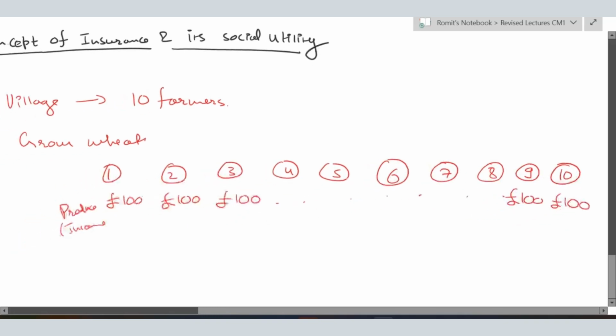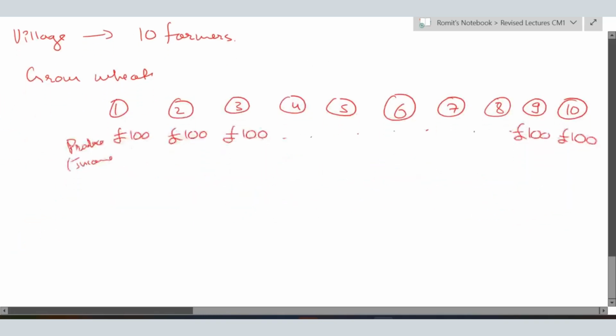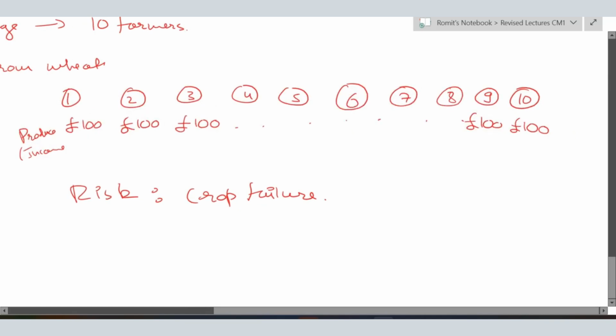Now there is a risk event that the farmers face. There's a possible risk that there will be a crop failure, and this crop failure may be due to any reason. Maybe let's say it's because of grazing animals.